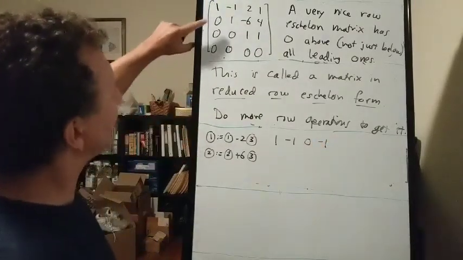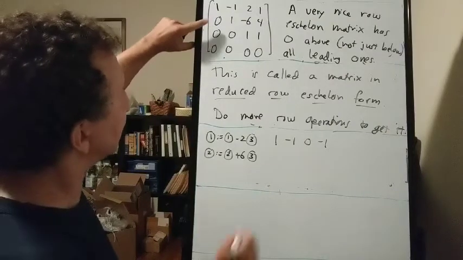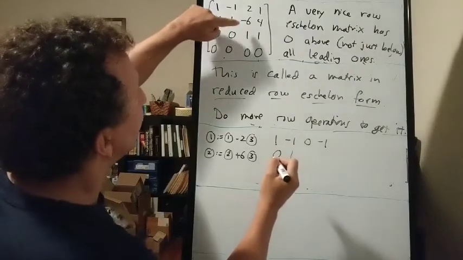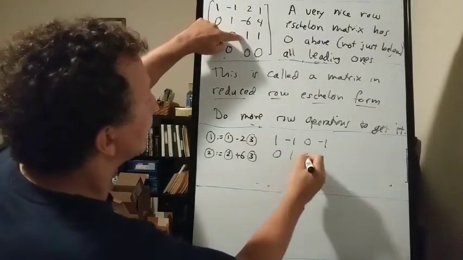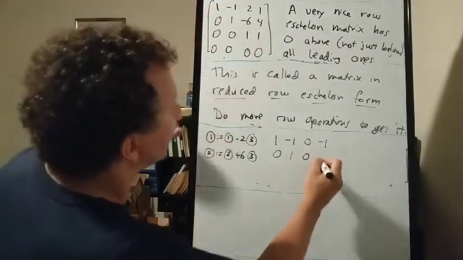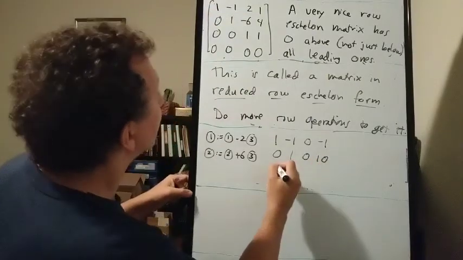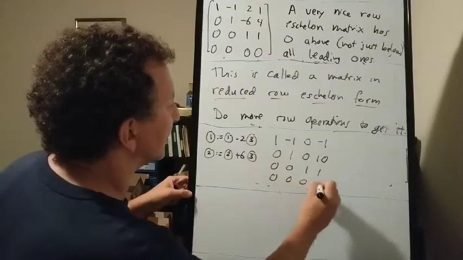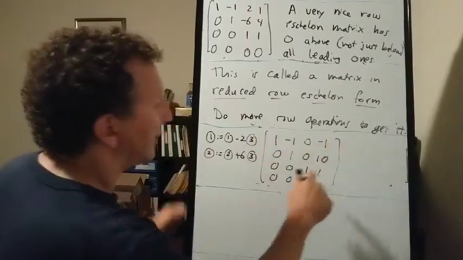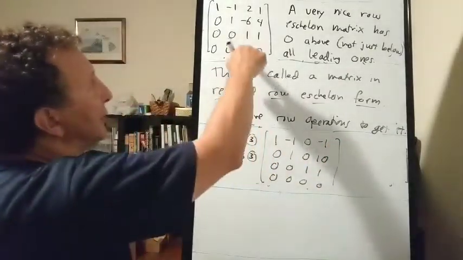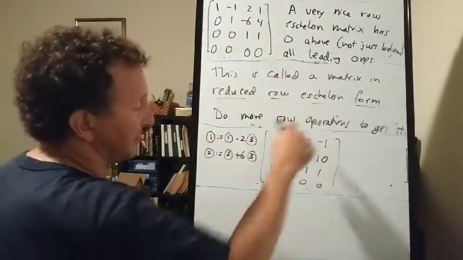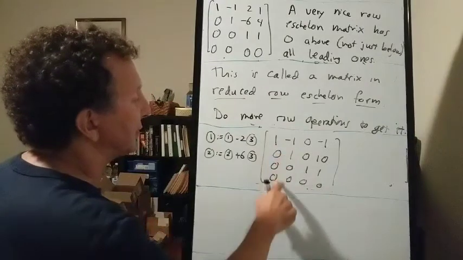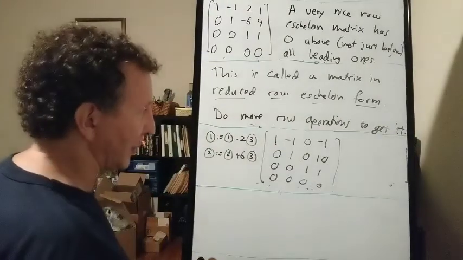And then row 2 becomes row 2 plus 6 times row 3. 0, 1 plus 6 zeros is 1, -6 plus 6 ones is 0, 4 plus 6 ones is 10. 0, 0, 1, 1, 0, 0, 0, 0. Now this one, which had zeros below it, also has zeros above it. This one, which has zeros below it, still has something non-zero above it.